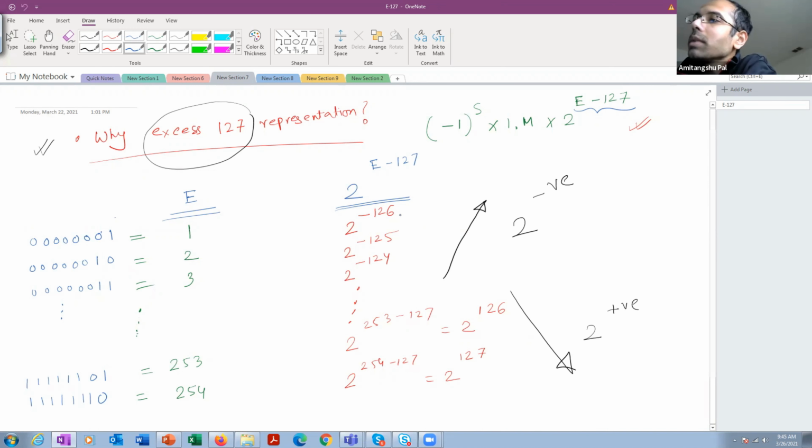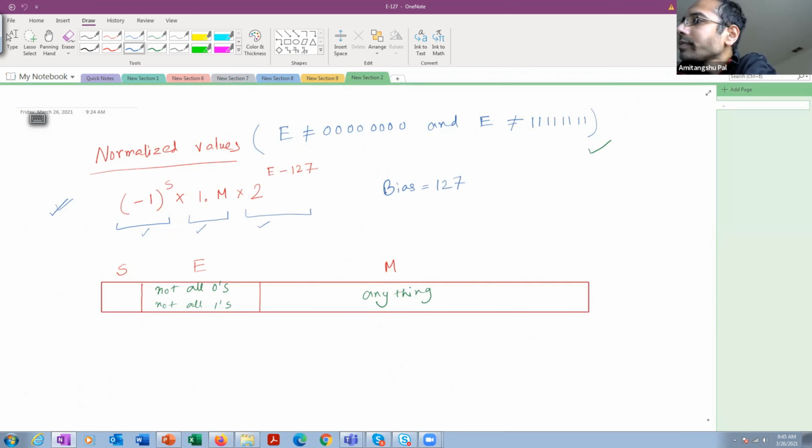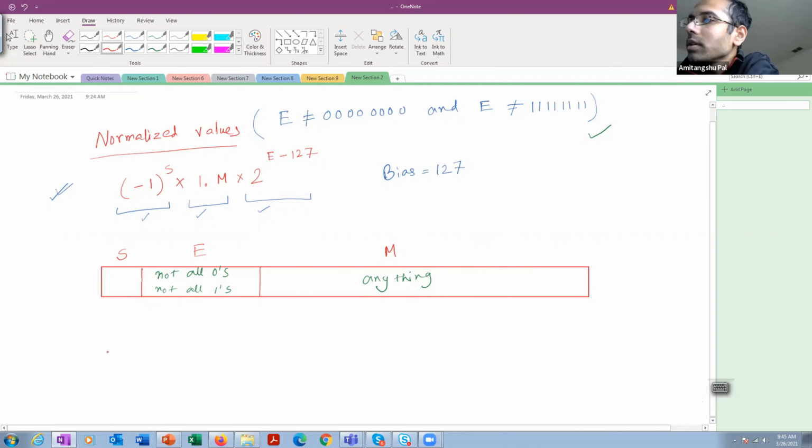But suppose I want to represent smaller numbers than 2 to the power minus 126, say 2 to the minus 130 or 2 to the power minus 135. Using this formula, I will not be able to represent those values. Clear? So let's see whether we can resolve this by using the concept of denormalized values.